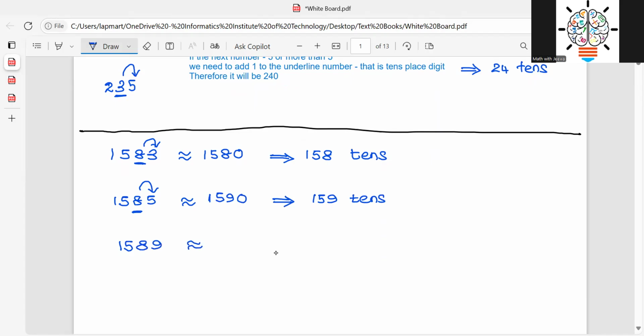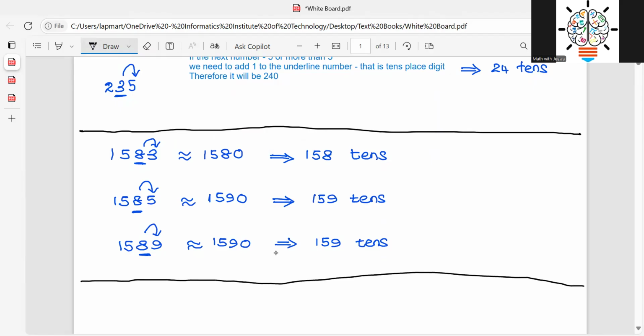Right? Now what happened? You mark the tens place. Look at the next number. If it is 5 or more than 5, we need to add 1 to the underlying number. So that becomes 9 and 0. So then you write the answer 159 tens.